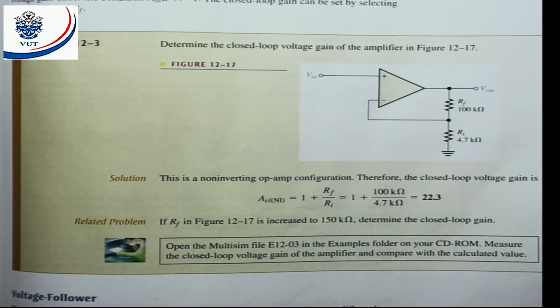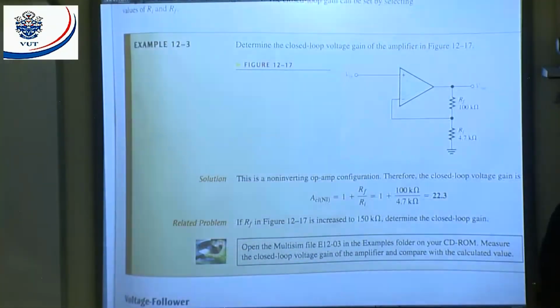It's 1 plus 100K divided by 4.7 kilo ohm, and it will give me 22.3. But as I mentioned, gain will always be larger than 1. Any questions?